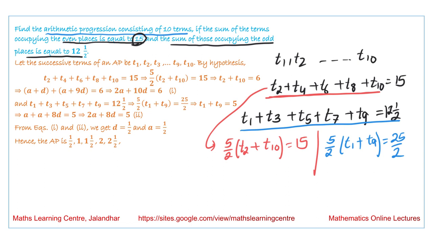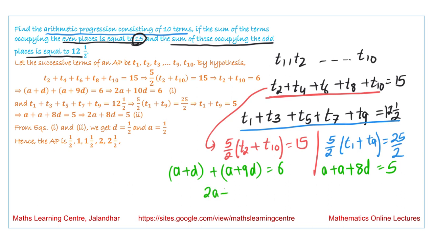Now if we solve both these, we have T2 plus T10 is (A plus D) plus (A plus 9D), and that is equal to 6. And in the second case we have A plus 4D is equal to 5. So we have two equations now.